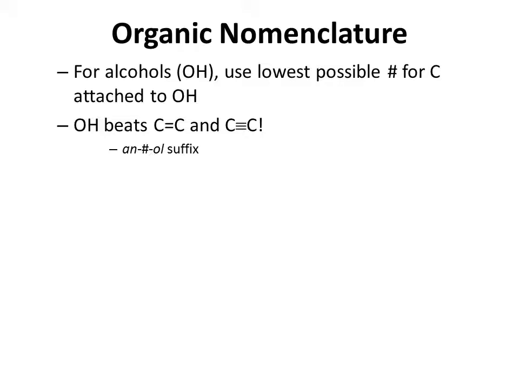So in the example shown, we have 4 carbons. Numbering from right to left would give the lowest possible number for the carbon with the OH, and that would be 2. So that gives us the name butan-2-ol. In the case of a carbon-carbon double bond, you want the number for the position of the first carbon in C=C, followed by "en", and the number for the position of the OH group with the ending "ol".